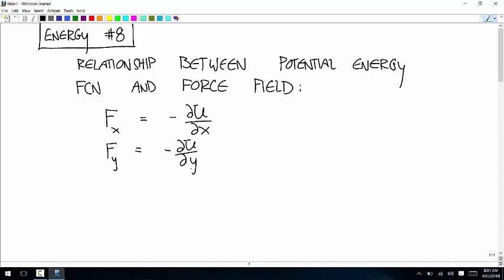Okay, so a partial derivative, the way you do a partial derivative is you assume all other variables are constant. And that's all there is to it.